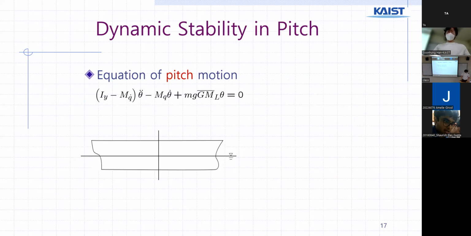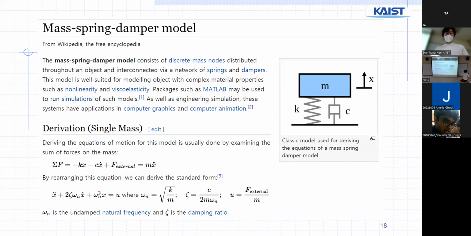Here's the equation of that pitch motion. You can evaluate the ship with a mass spring damper model as well.